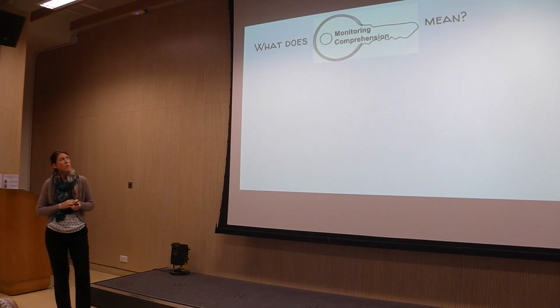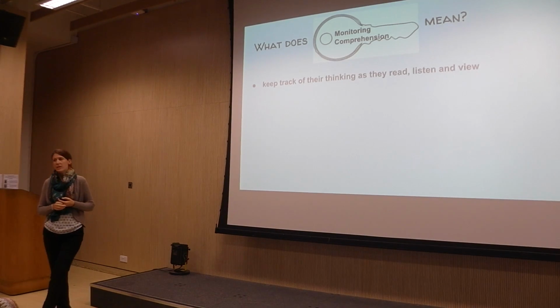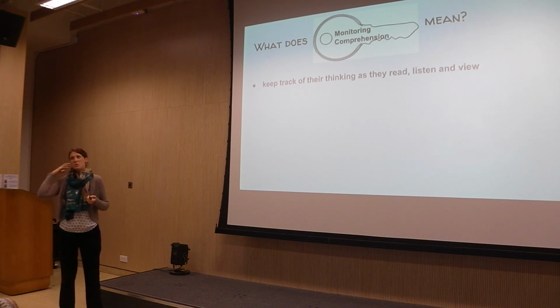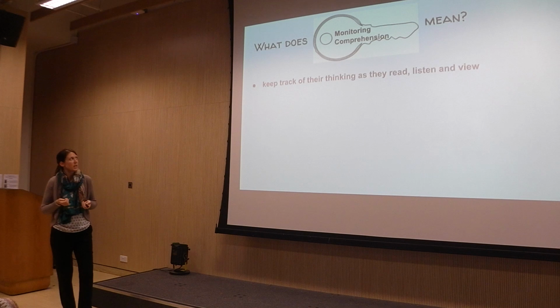So first of all, what does monitoring comprehension mean? It means that children keep track of their thinking as they read, listen and view. And we started to do that last week with the post-it notes, tracking almost the connections that they made to the story or the book that they're reading.